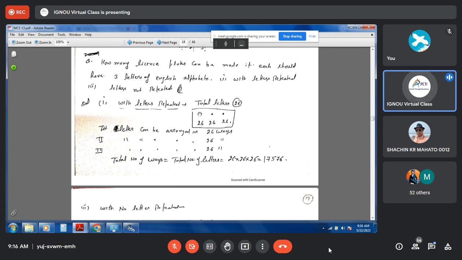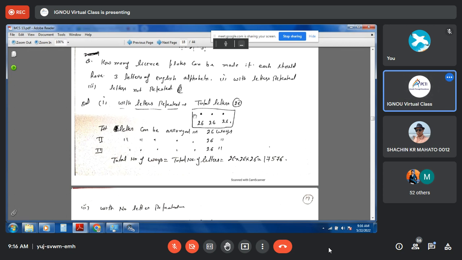The letter we use here can be used here also. So for the third letter, again there are 26 alphabets. You can use any one of them. So in all three positions you have 26 options.